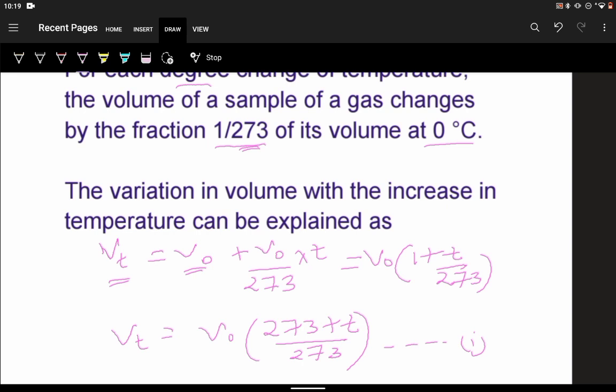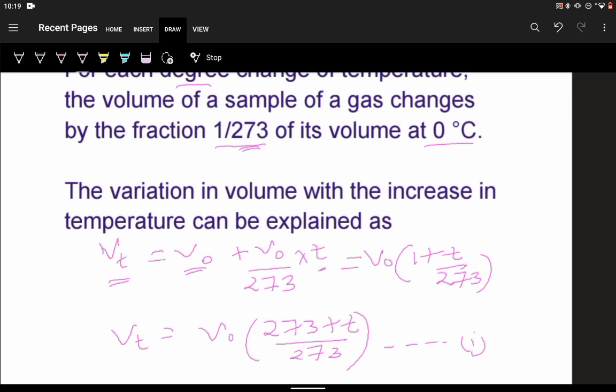Vt is equal to V0 plus, as I stated, the 273rd part, so V0 divided by 273 into t. That is the increase in temperature by t degree C.